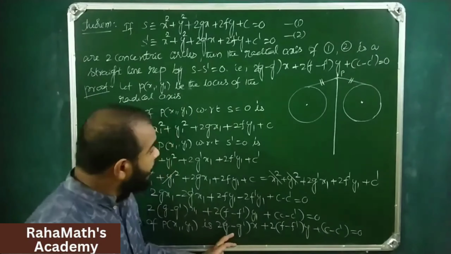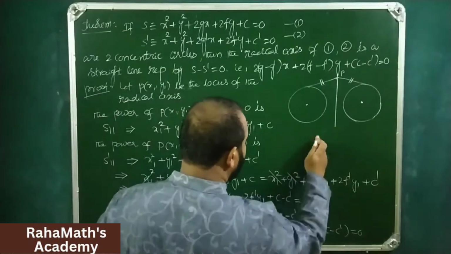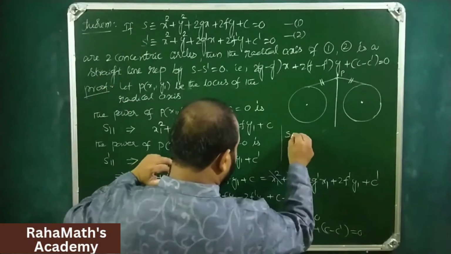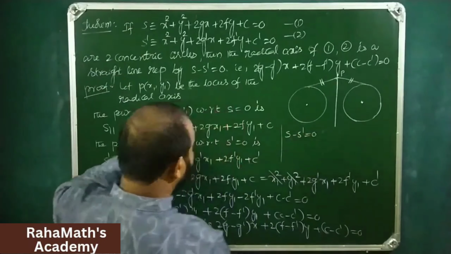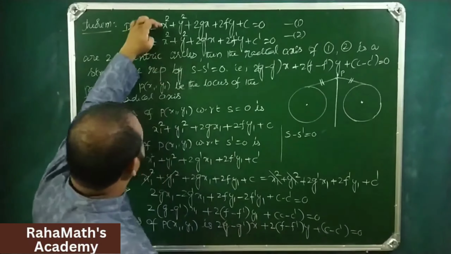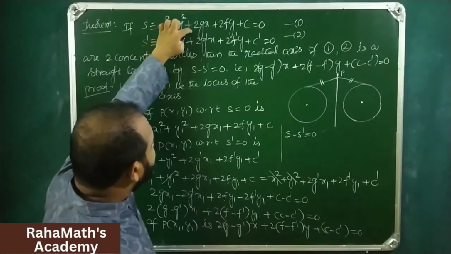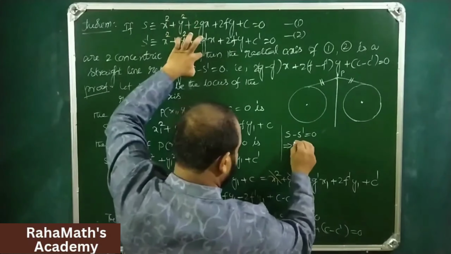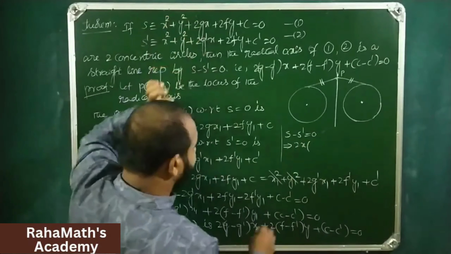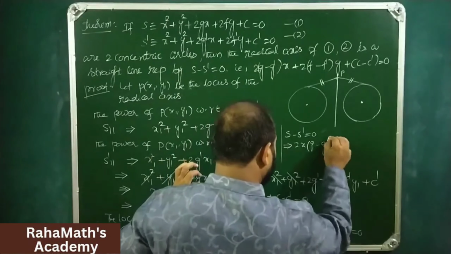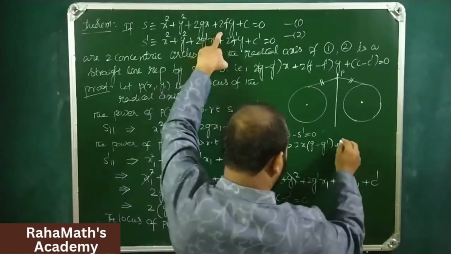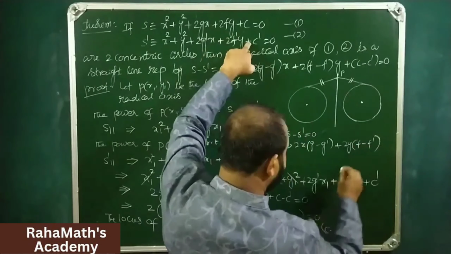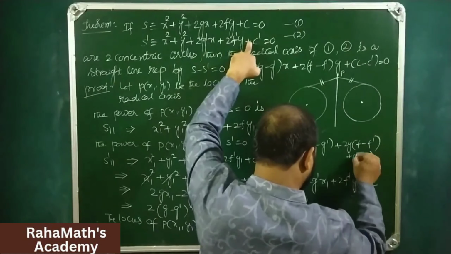If you see S minus S dash equals 0, then the square terms get cancelled, and we get 2x into (g minus g dash) plus 2y into (f minus f dash) plus c minus c dash equals 0.